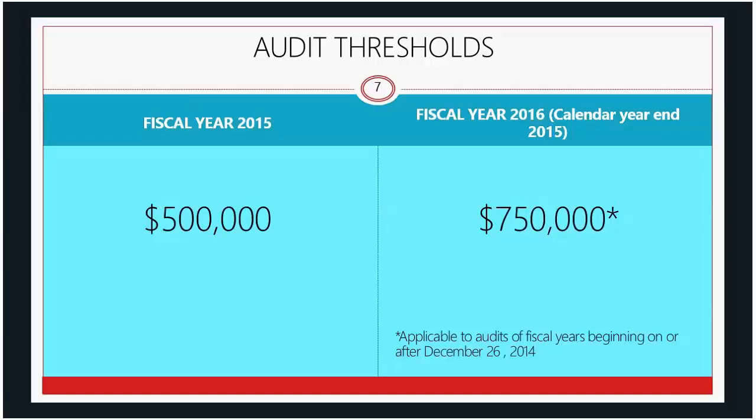The expenditures increased to $750,000. So for those who are expending less than $750,000 at the end of fiscal year 16, you are no longer required to complete a compliance audit, but they may require you to make records available for review.